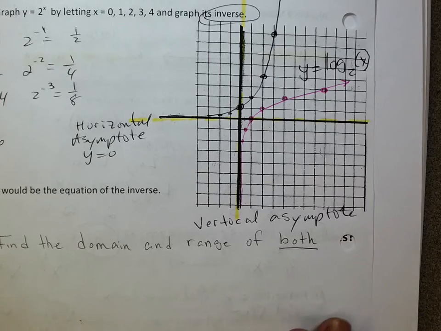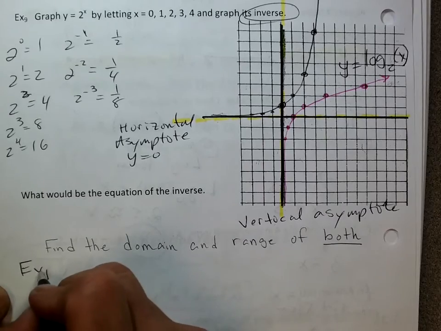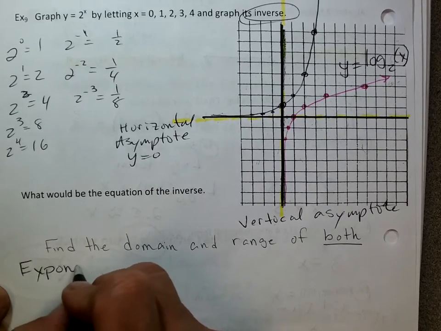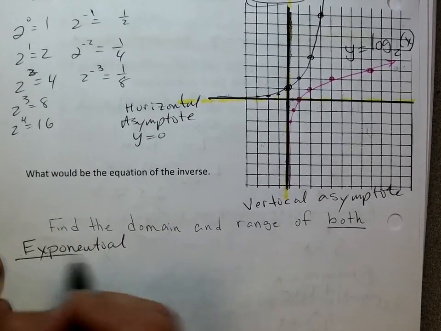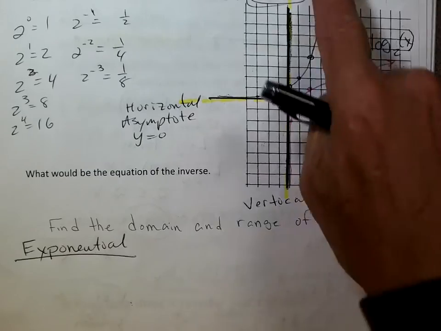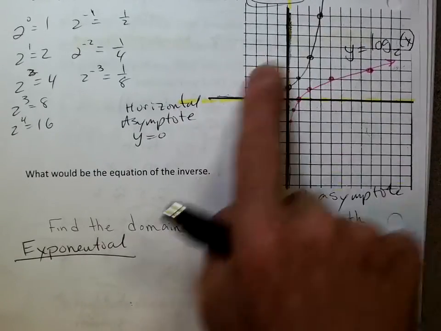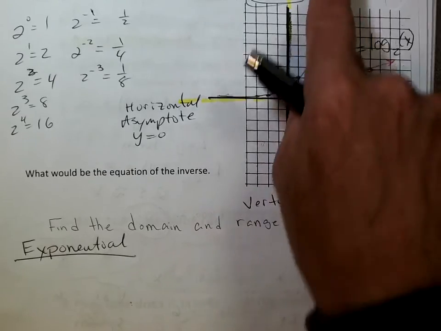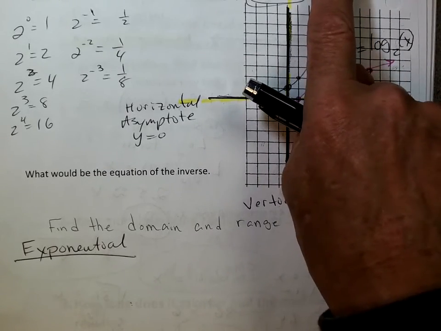Now, let's look at domain and range. So first, the exponential. First of all, how wide is this graph? Pretty wide. As it's going up, is it still moving over? Will it always move over? Yeah, sure.